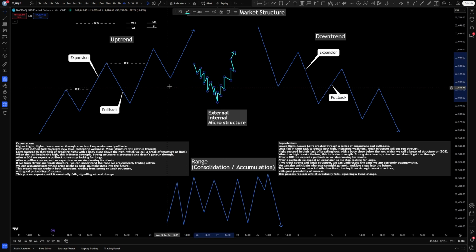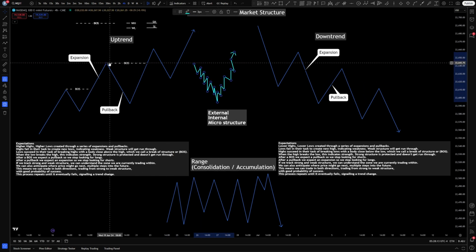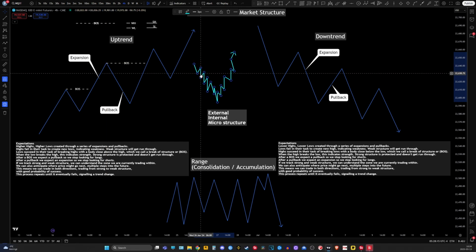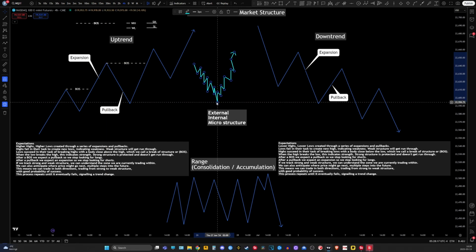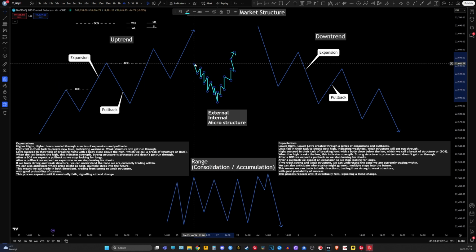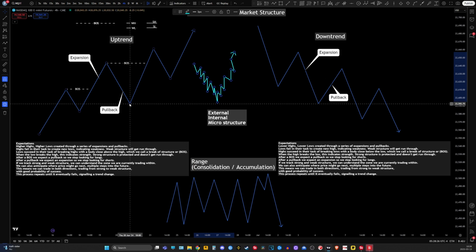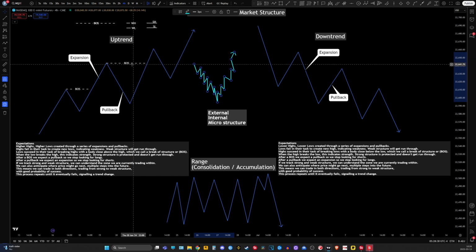But the important part is that when the high has been put in and a new low gets put in, the lowest low, it's this low that is responsible, we say, for breaking through the old high that was put in. So this low then becomes strong because it succeeded in doing its job of breaking the structure.